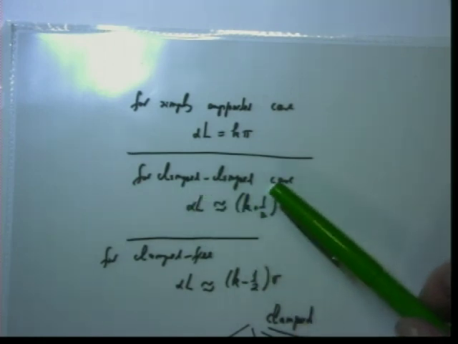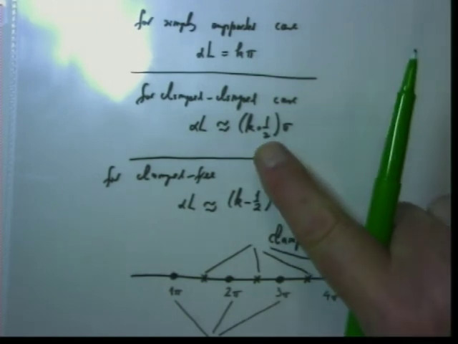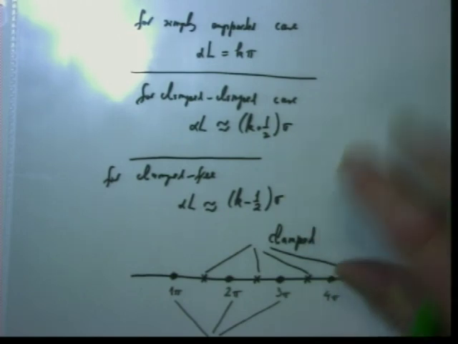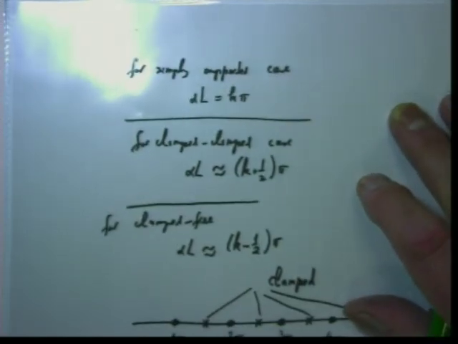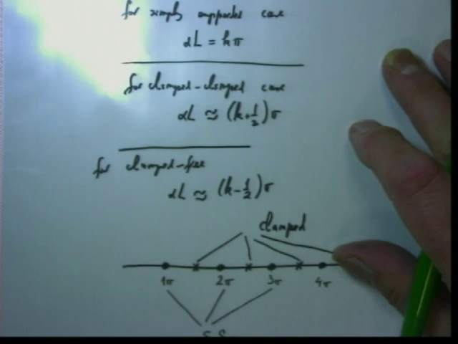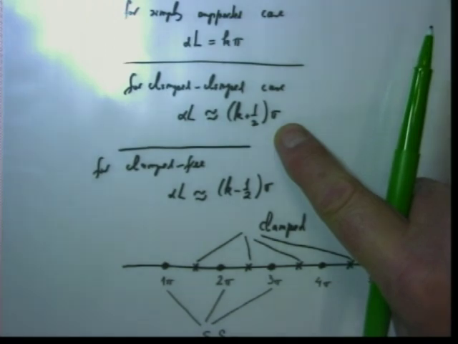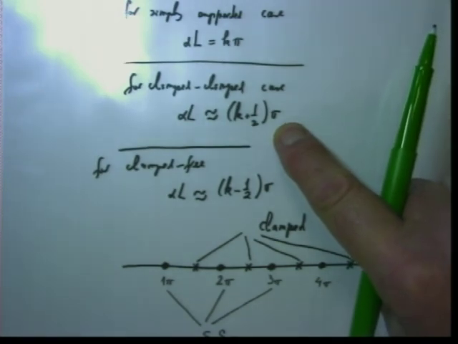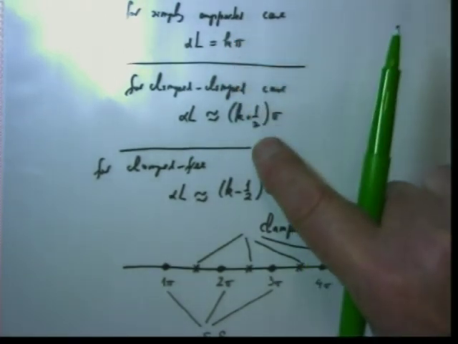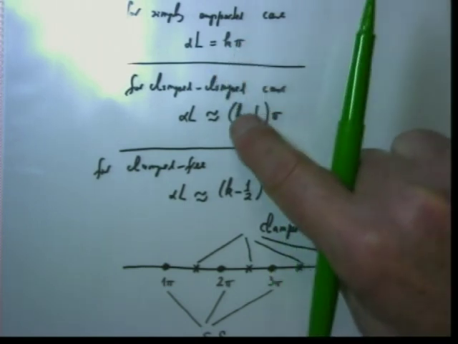So for clamped free case, alpha L equals K plus 1/2 pi. So clamped case is K plus 1/2 pi. So actually, pay attention, alpha L differs between these two cases by 1/2 pi. So here is K times pi, here is K plus 1/2 pi.